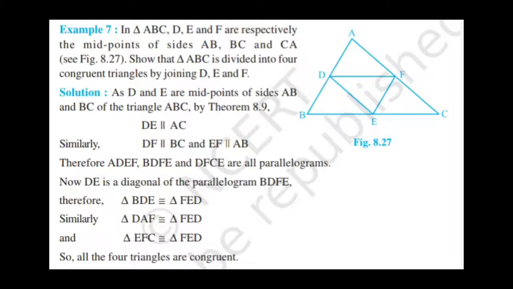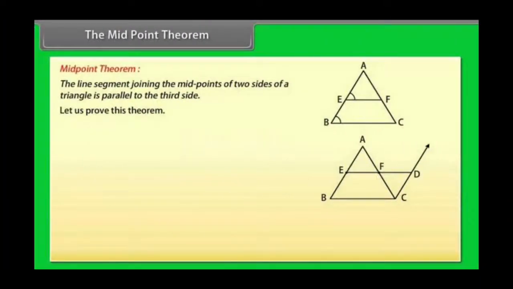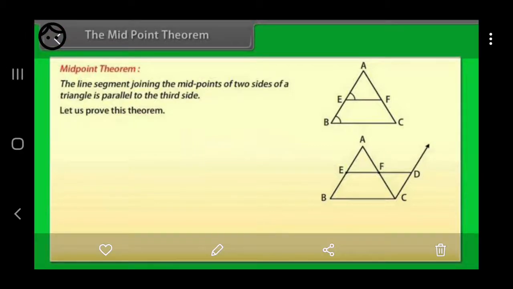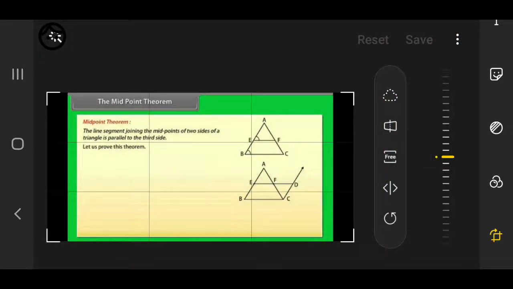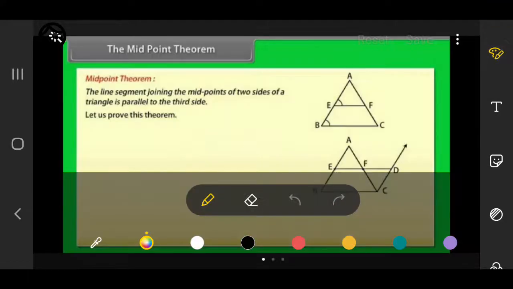To prove that, we have to recall the midpoint theorem. The midpoint theorem says that in triangle ABC, EF, the line segment joining the midpoints of two sides, is parallel to BC, and one important point is that EF is half of BC.